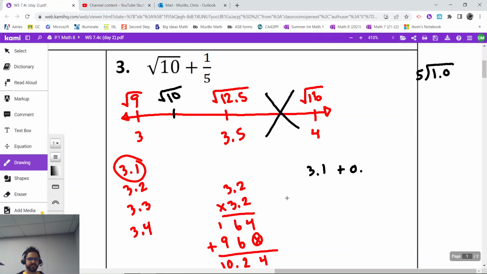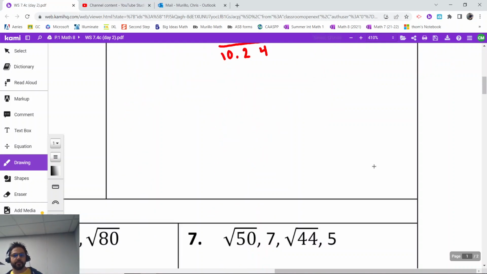So that was the main reason I chose this one here. 5 and 1, no. 5 and 10, yes. So 0.2. And if we add it up together, we're going to say that this is approximately 3.3. So again, it's just a small continuation from what we did on the previous lesson or previous day.